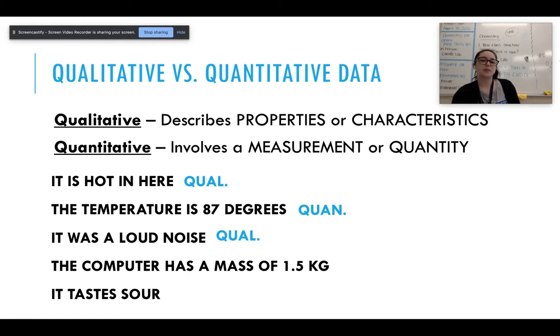It's describing something, and so it's a qualitative data point. The computer has a mass of 1.5 kilograms. Right there is a measurement. It's the quantity of mass of that computer to make it a quantitative measurement. And it tastes sour is a qualitative because you're giving a property of the candy. And so qualitative, quality, quantitative, quantity. Just know those cues.